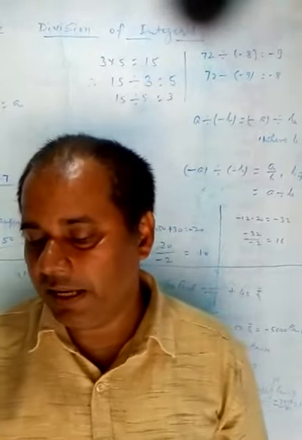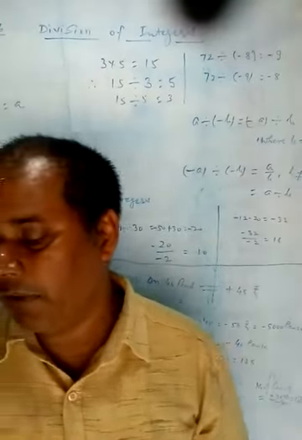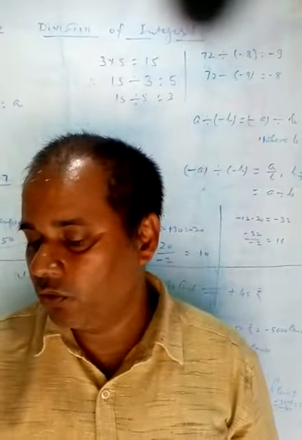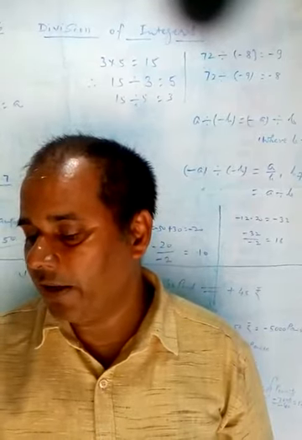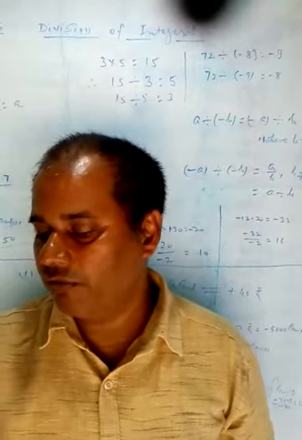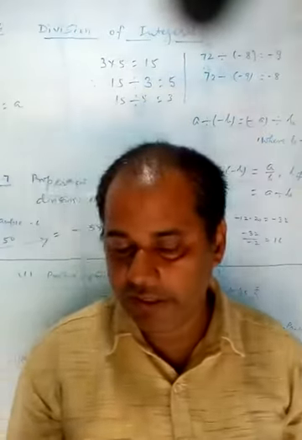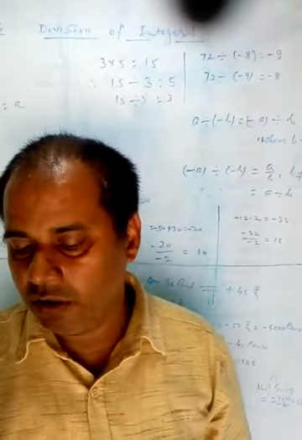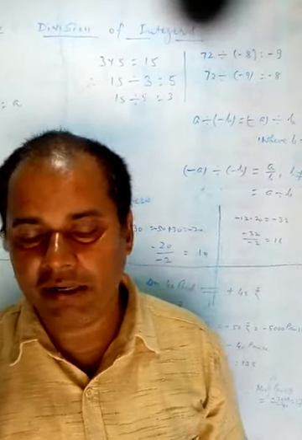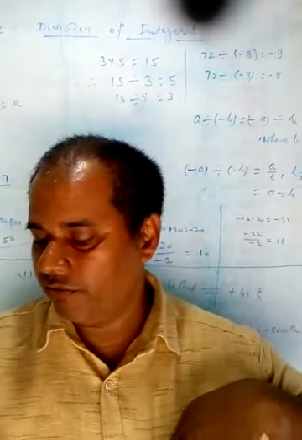Lastly, we observe that minus 12 divided by minus 6 is equal to 2. Minus 20 divided by minus 4 is equal to 5. Minus 32 divided by minus 8 is equal to 4. Minus 45 divided by minus 9 is equal to 5.